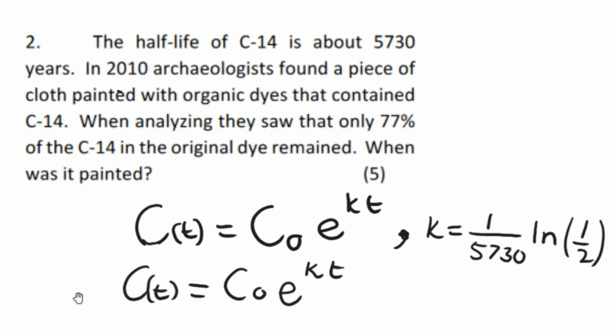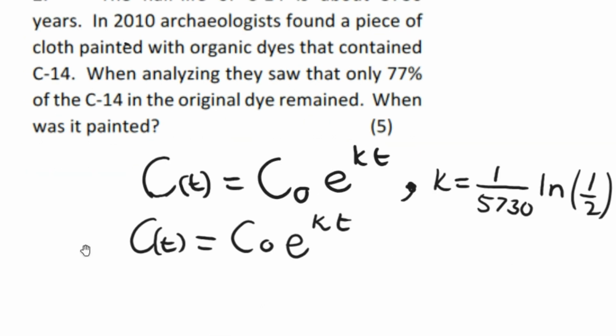So we can now answer the question that was saying, when analyzing, they saw that only 77% of the original value was remaining. When was it painted? We can answer that question and say, okay, at time t, only 77 over 100 of C naught is there.